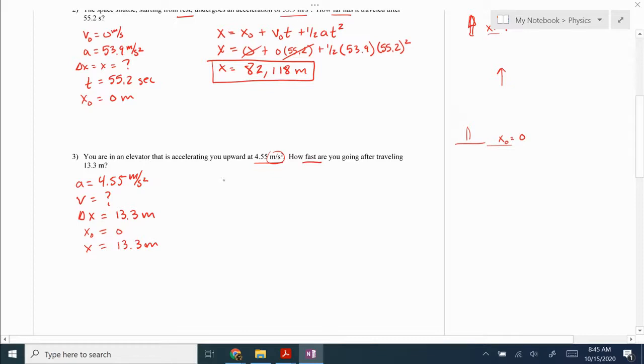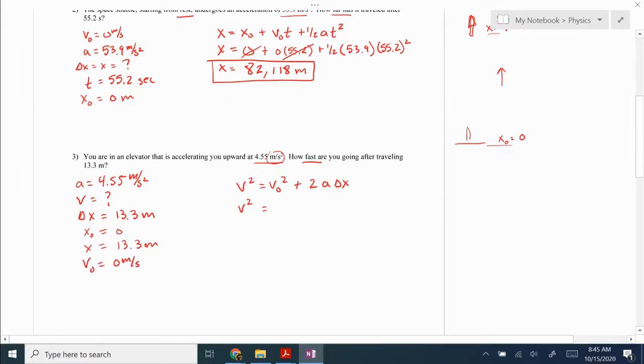And so what that means is that's going to be the last equation. We're looking for the final velocity. We can assume the elevator starts from rest because it's hard to get on elevators when they're not moving.